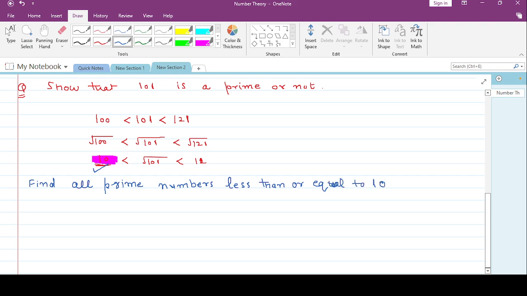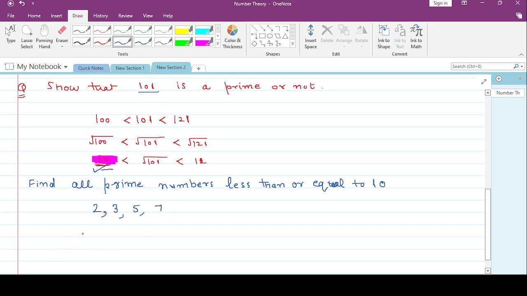So what are these numbers? See, 2 is a prime and it is less than 10. 3 is a prime and it is less than 10. 5 is a prime and it is less than 10. And 7 is a prime and it is less than 10. Now we want to check whether any of these numbers divide 101 or not.